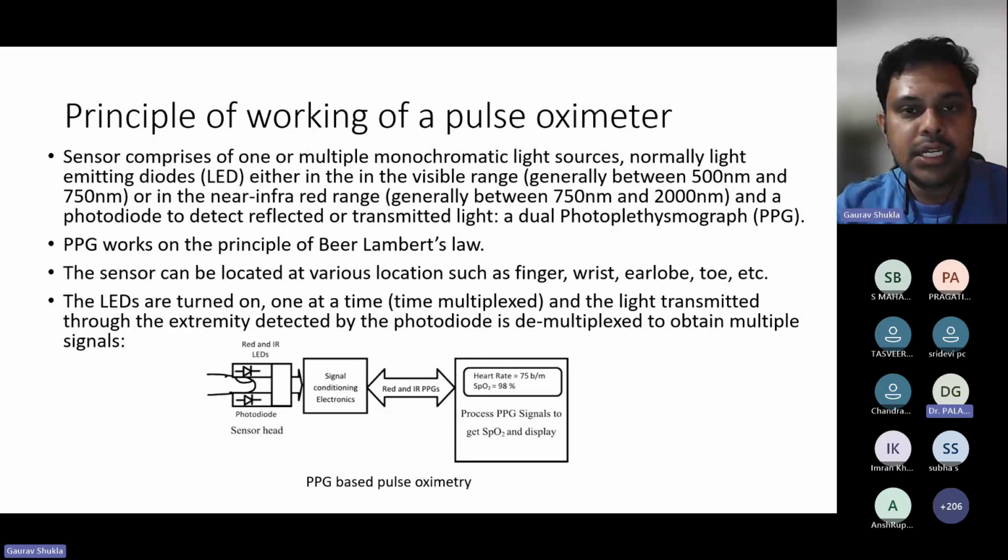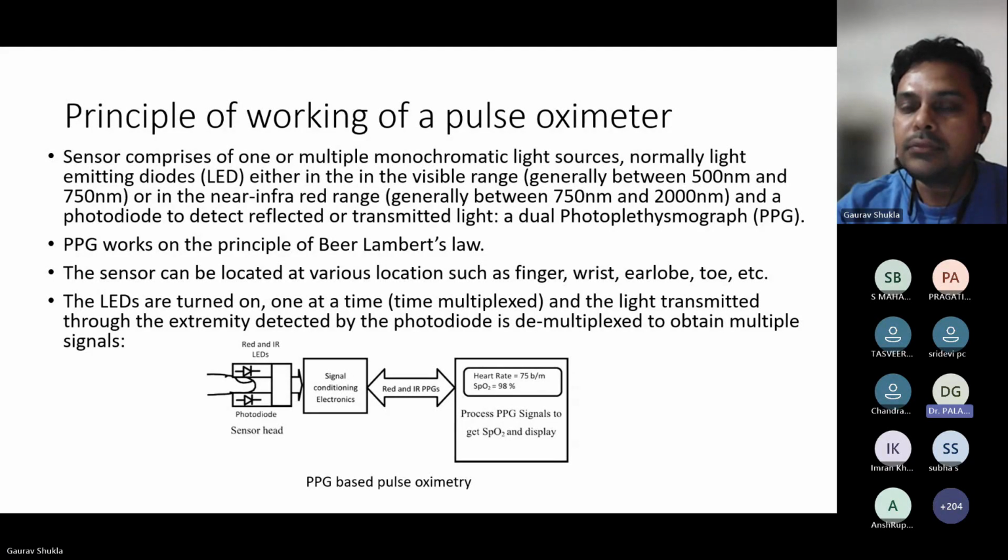Generally, it is used in the periphery of an organ like a fingertip, or sometimes in a reflectance way in the wrist region, or in the form of a ring. It could be used in earlobes or other positions.